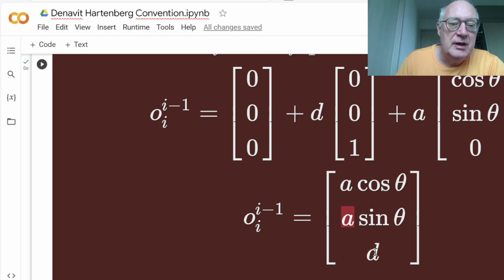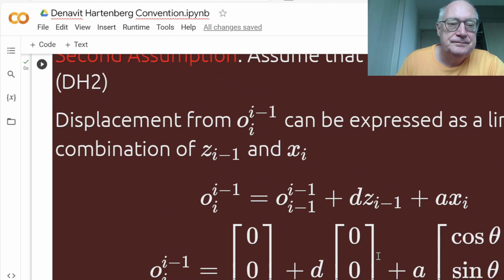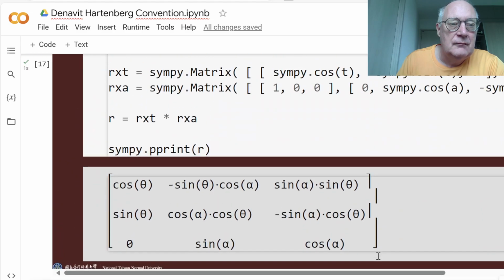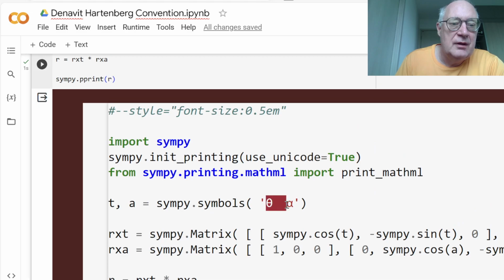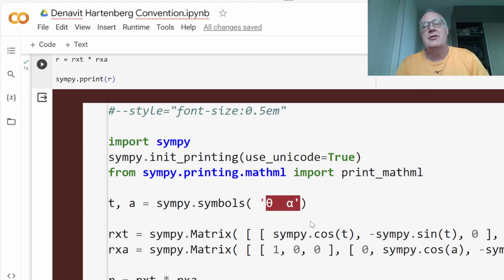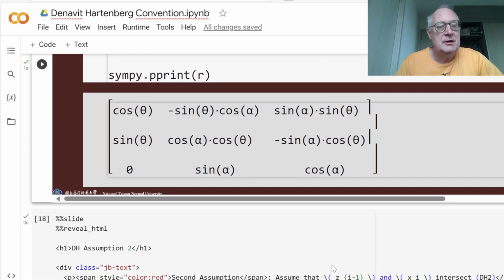Two more numbers, a and d. And here we have the other two numbers, theta and alpha. And those four numbers are actually sufficient to now describe the kinematics of the robot system.